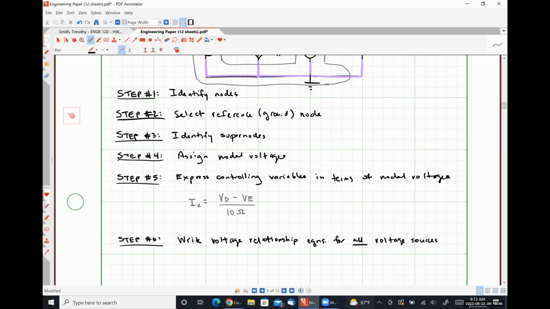And I'm front loading this step again because it's something that I see students tend to forget to do. So if we do it early, we'll make sure that we have all of our equations written, okay?